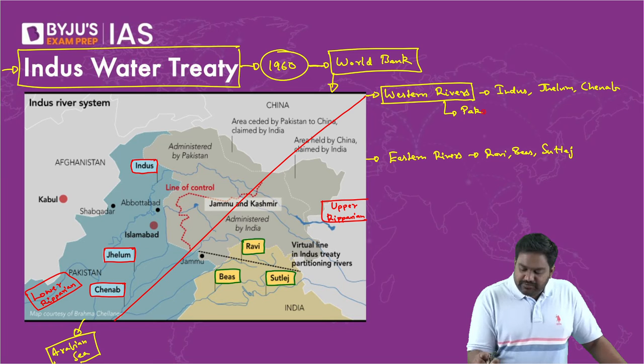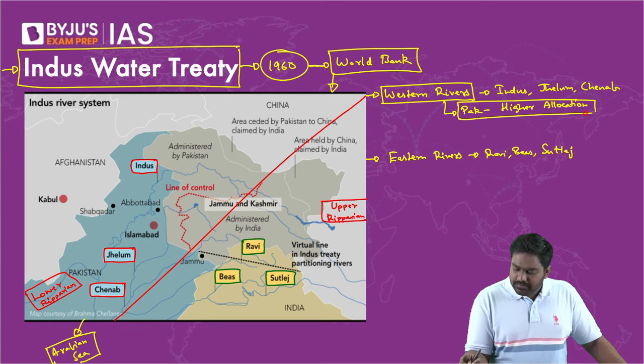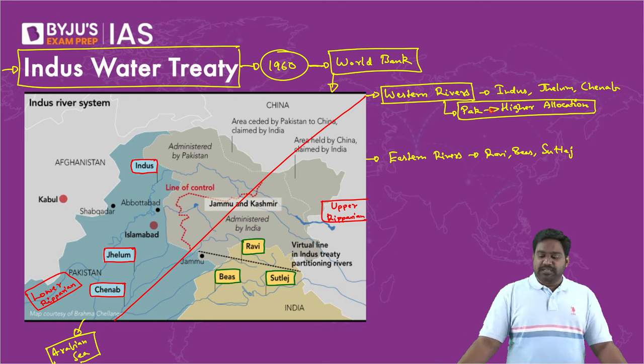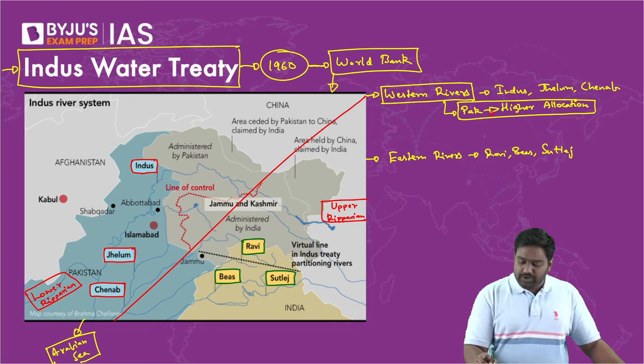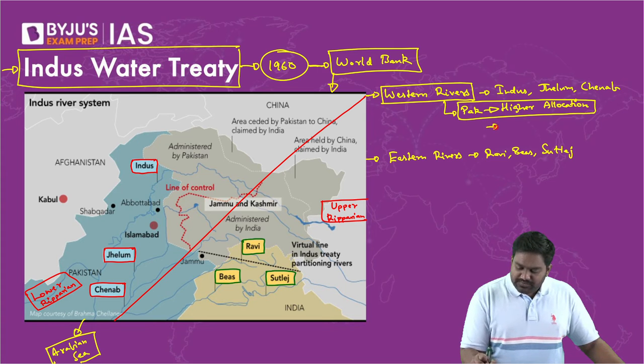Pakistan has been given a higher allocation. Pakistan gets a higher share of these waters as Pakistan is more dependent, right? And as India has other sources through which we can fulfill our needs, Pakistan has been given a higher share and a greater degree of control over the Western rivers.